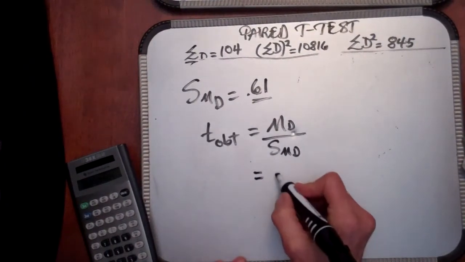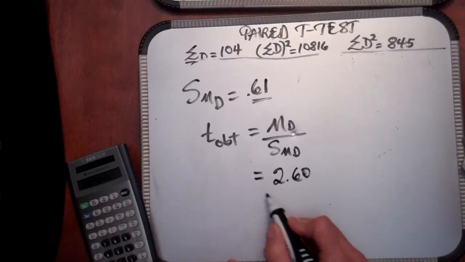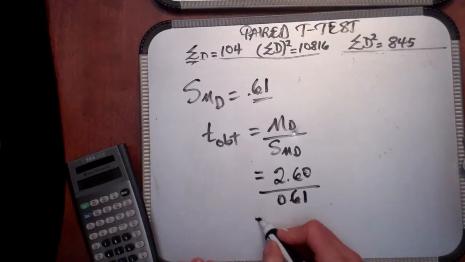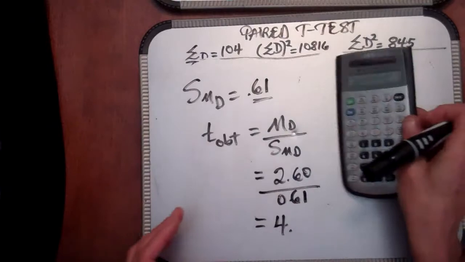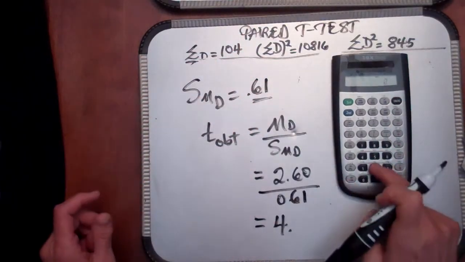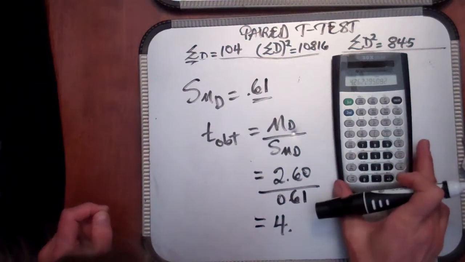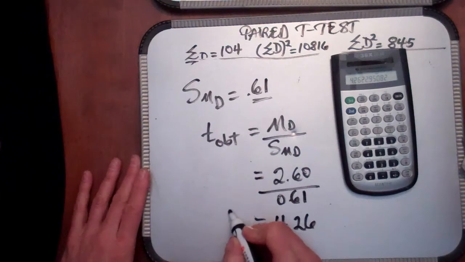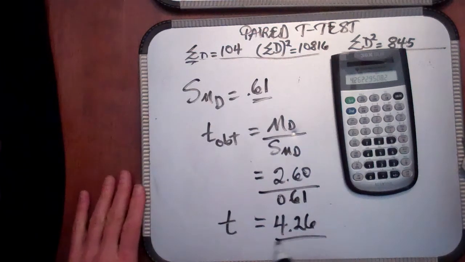Was 2.60, right? And we divide that by 0.61, and we end up with 2.60 divided by 0.61 equals 4.26, right? So our t-value in this study is 4.26.